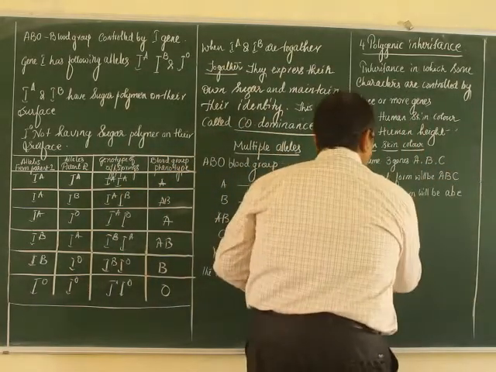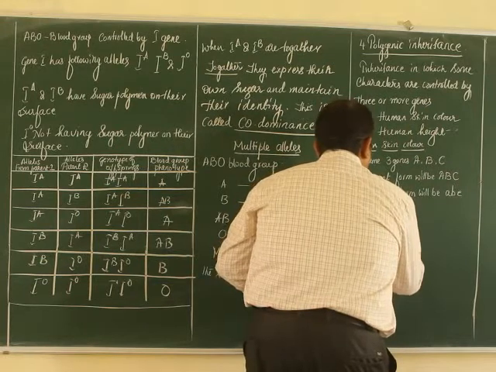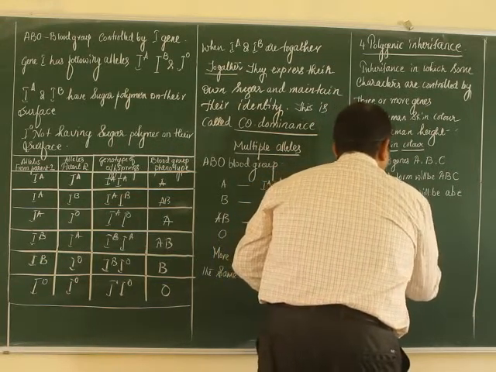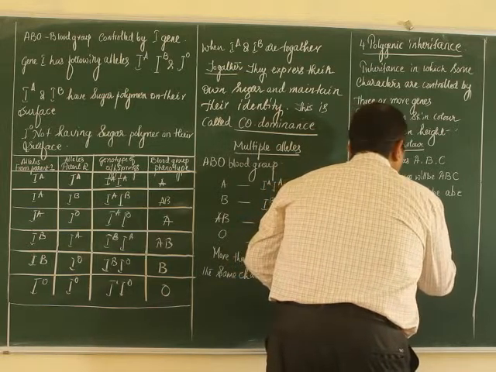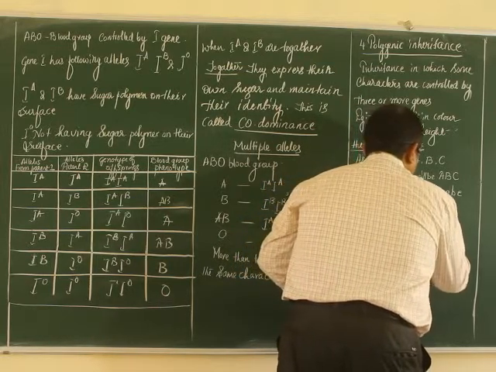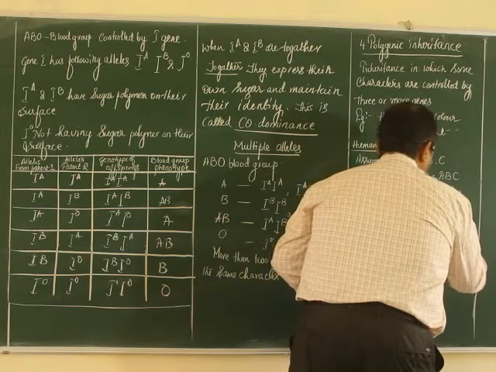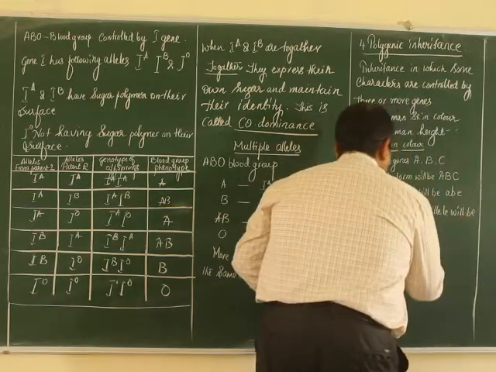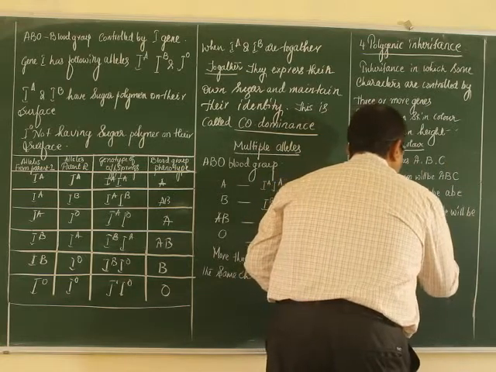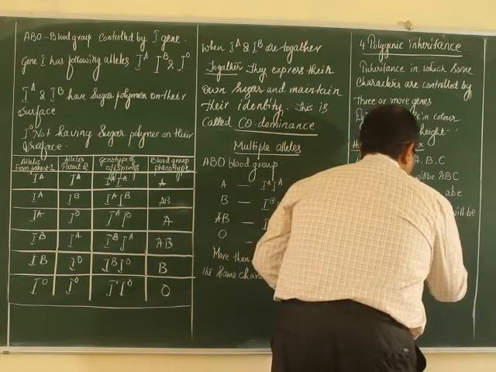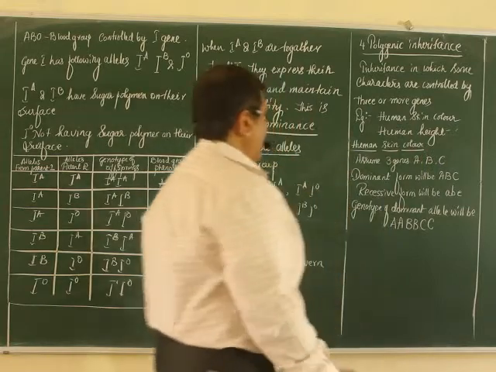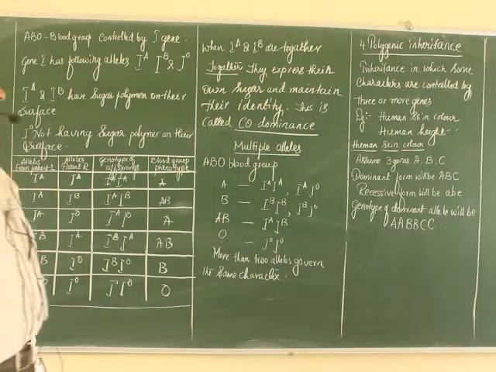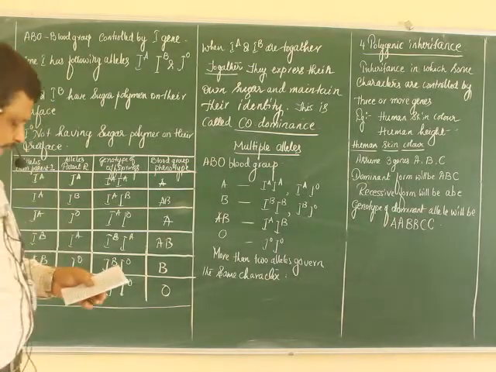Then the genotype of the dominant allele will be capital A, capital A, capital B, capital B, capital C, capital C, and the person will have dark skin color, African Negro color.